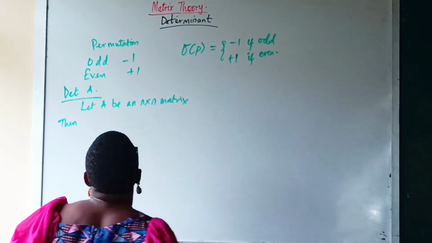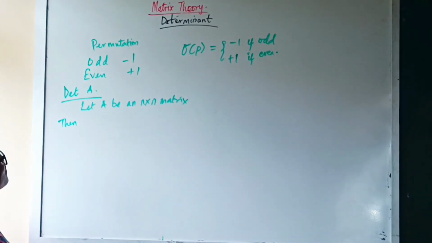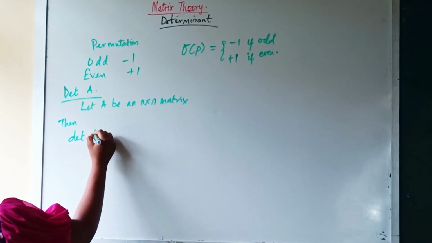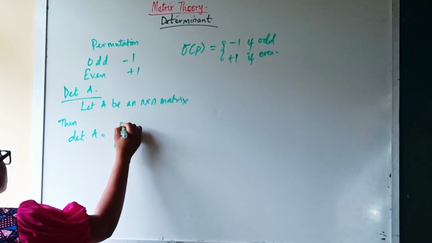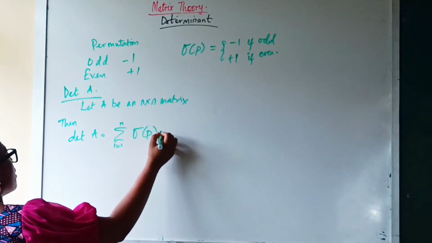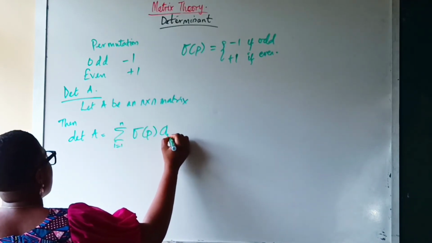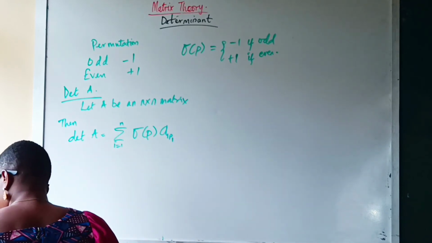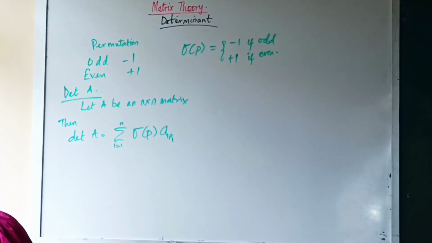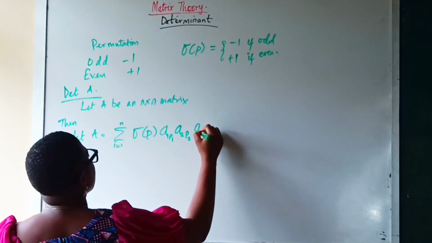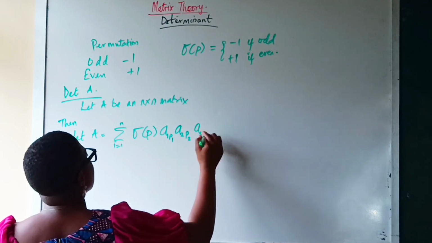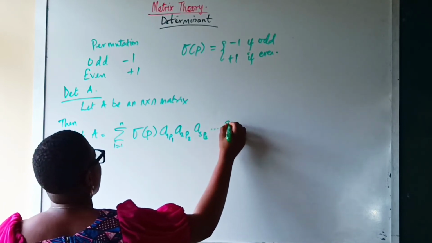Thank you for keeping quiet. God bless you. Let A be an n by n matrix. Then the determinant of A is equal to the summation, over p, of sigma p times A1 P1, A2 P2, A3 P3, up to An Pn. I will explain the one.